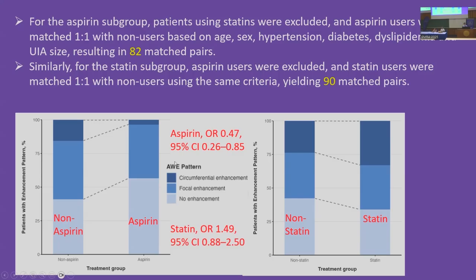As shown here, the darker blue means more enhancement, and we can see aspirin use actually reduces the enhancement, while statin use increases the enhancement but is not significant, with the odds ratio crossing 1. But aspirin is significantly associated with reduced enhancement.